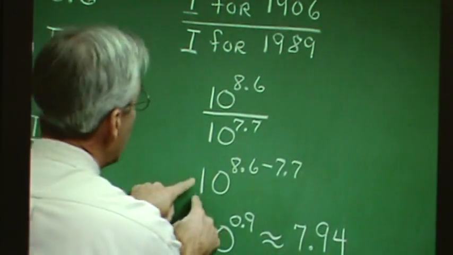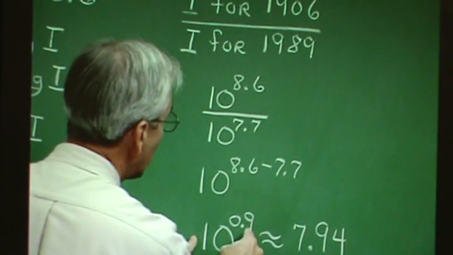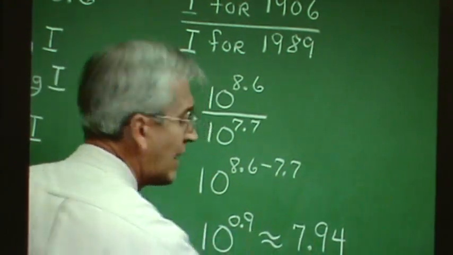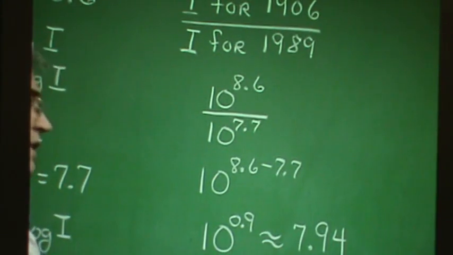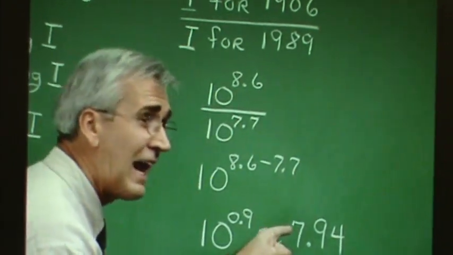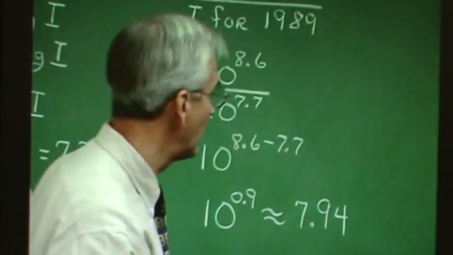Now, this is 10 then to the 8.6 minus 7.7, or 10 to the 0.9 power. And this number is 7.94. So that just means that the earthquake in 1906 was almost 8 times as intense as the one in 1989. A really powerful earthquake.